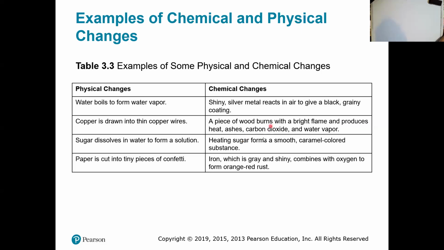So at the end of both of these processes, you're going to have products forming that have a different chemical composition than what you started with. Iron, when it combines with oxygen, forms orange-red rust. This is another chemical reaction. You have iron chemically combining with oxygen, forming an iron oxide, which is a new compound that is different from iron and oxygen separately.